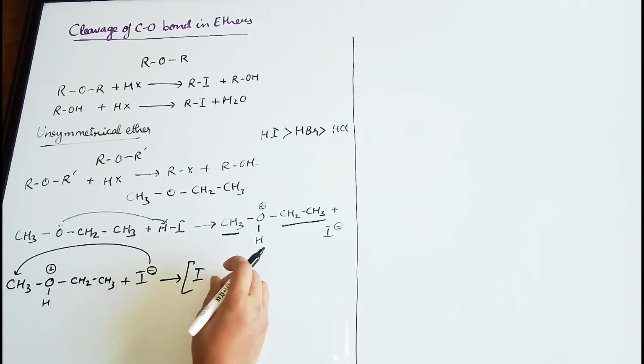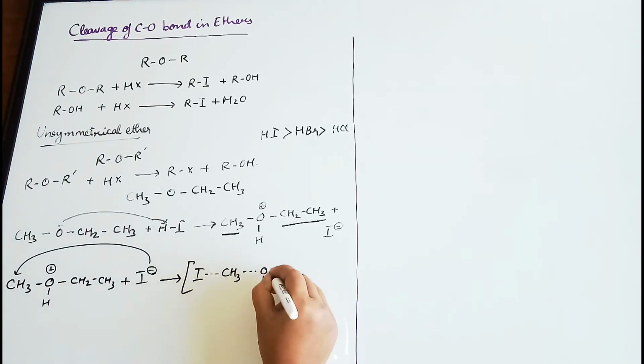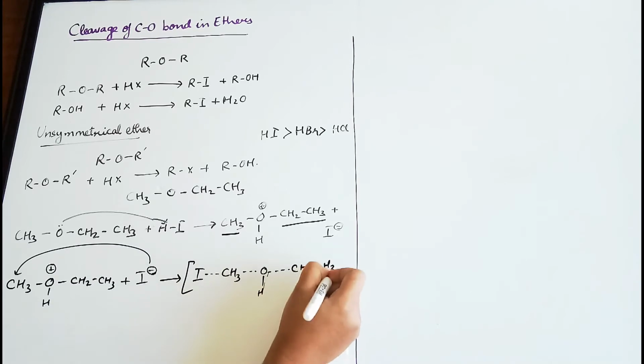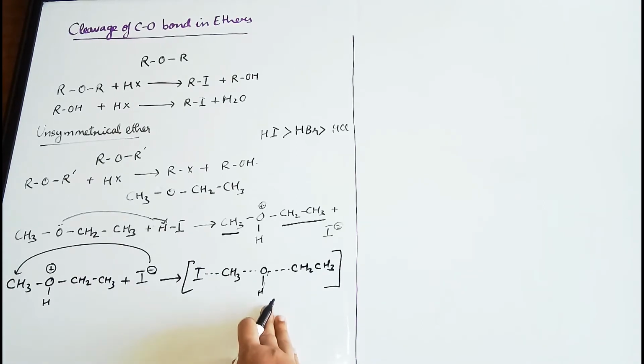You remember the transition state in the SN2? It's similar to what we see there. So here you have a CH3, and you have a bond breakage between the oxygen and the carbon, and this bond is going to be a solid bond, and this bond is a CH2CH3. Now what is happening is the alcohol molecule is displaced by the SN2 mechanism.